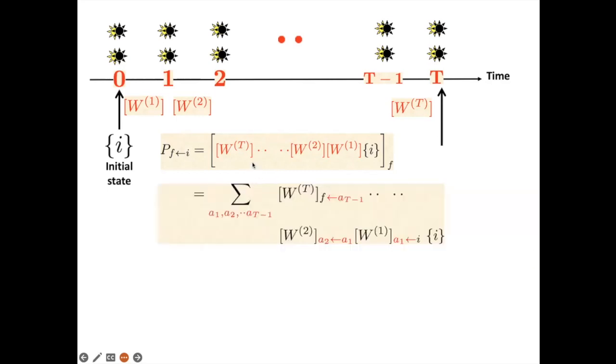And you can use these rules of matrix multiplication to write out this matrix multiplication as if you're going through different states.